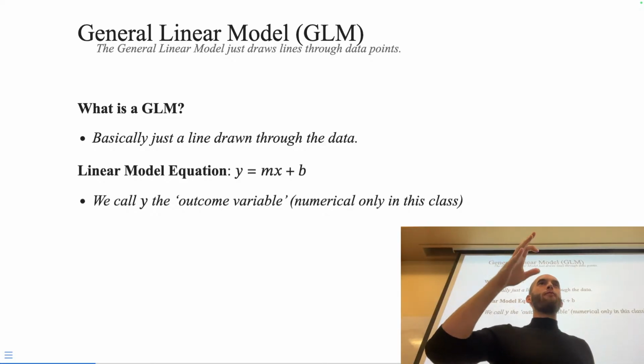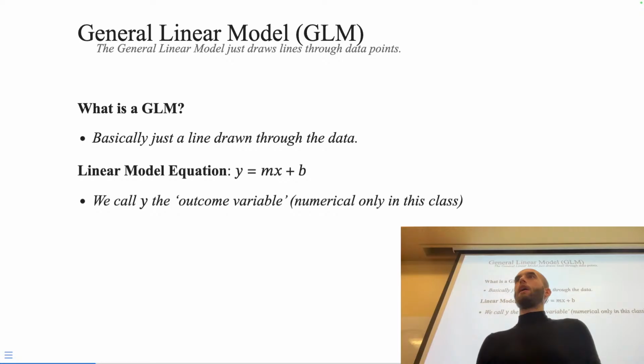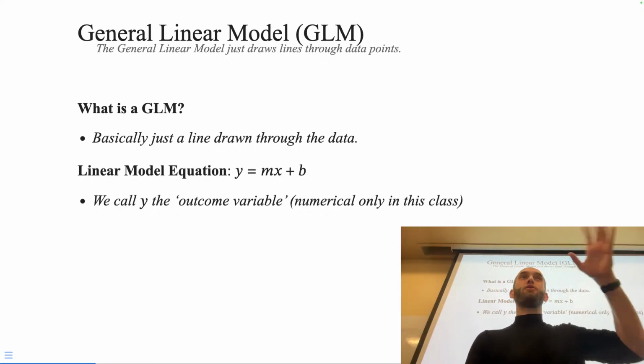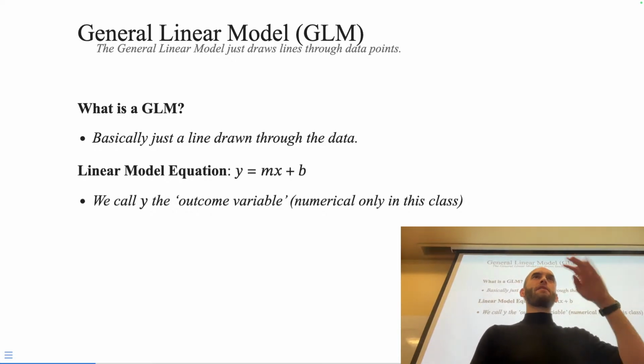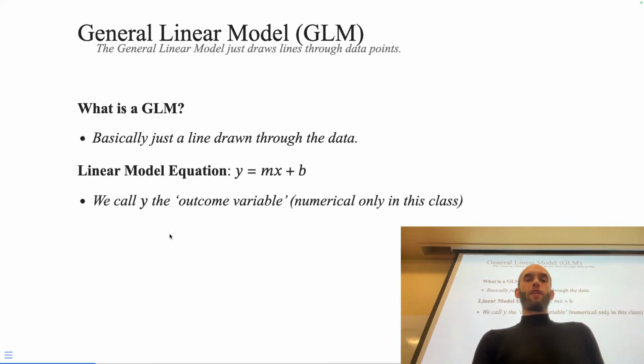It's actually the outcome variable, and we typically represent this on the vertical axis. So we're going to switch things around a little bit today, just x and y, for that reason. But our y variable is what we call the outcome variable, and we typically represent this on the vertical axis.